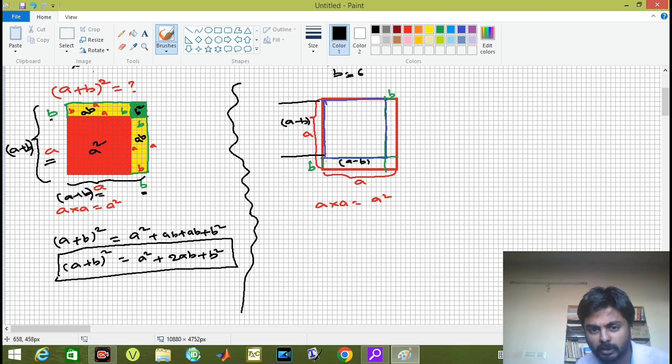Now we are going to remove all the other things, like this green color and two rectangles.